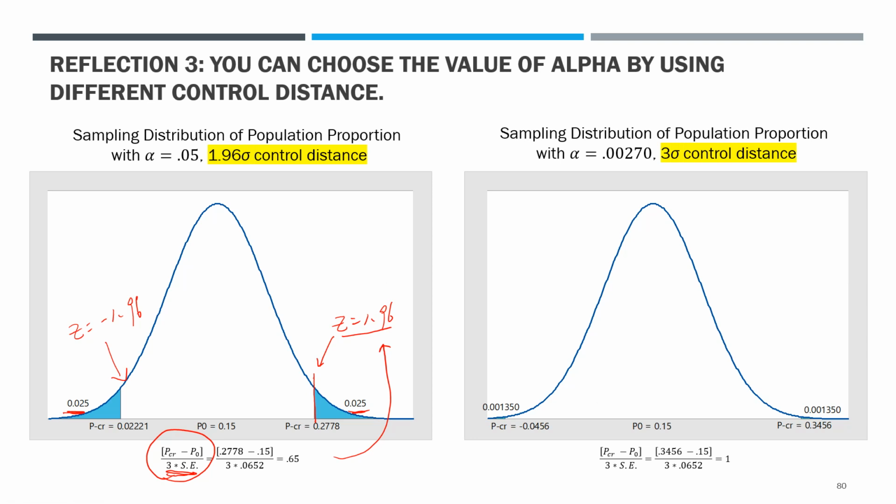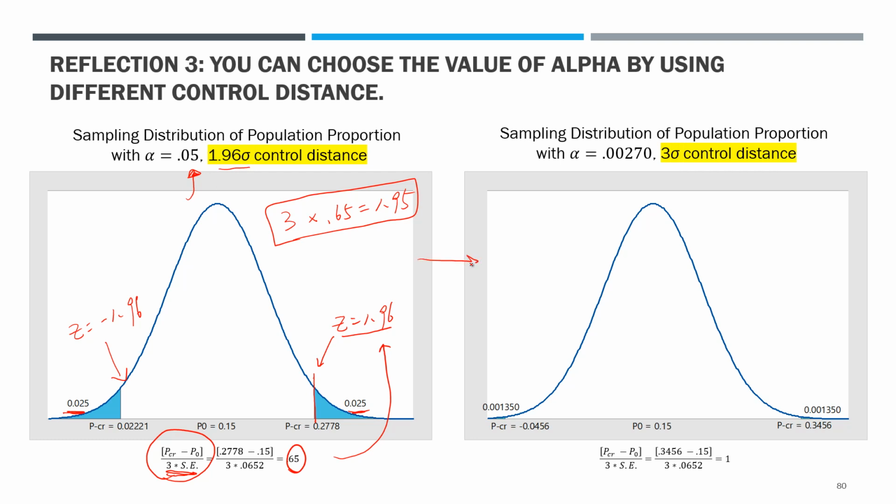But if you think about that, this is 65% of 3 standard deviations. 3 multiplied by 0.65 is around 1.95, but you get the idea. This is about 2 standard deviations. It means when we use the hypothesis testing step, if we're using alpha equal to 0.05, we're using 1.96 control distance to conduct the hypothesis testing.